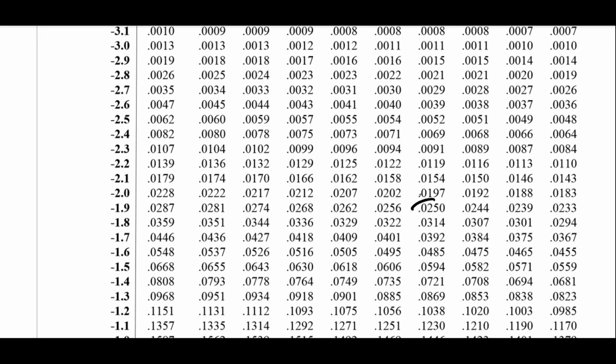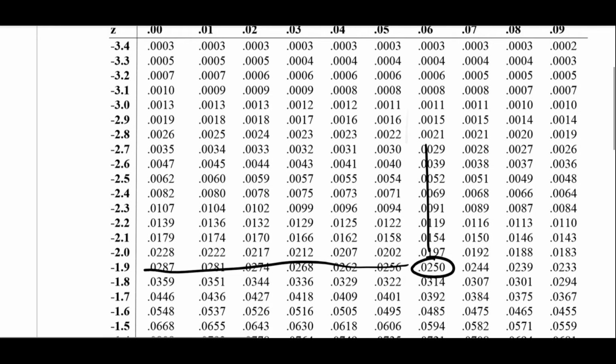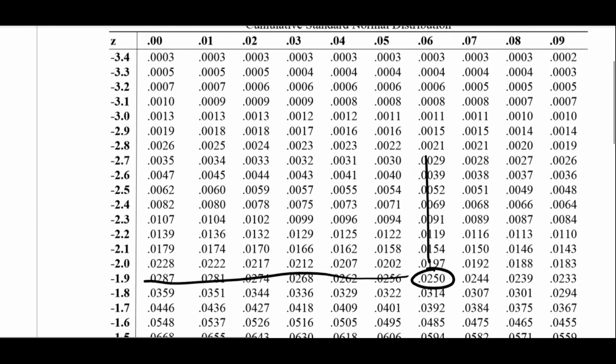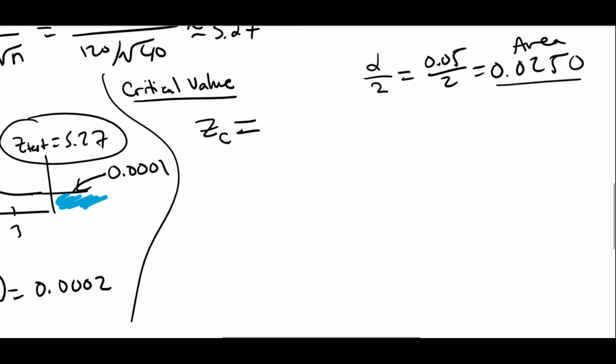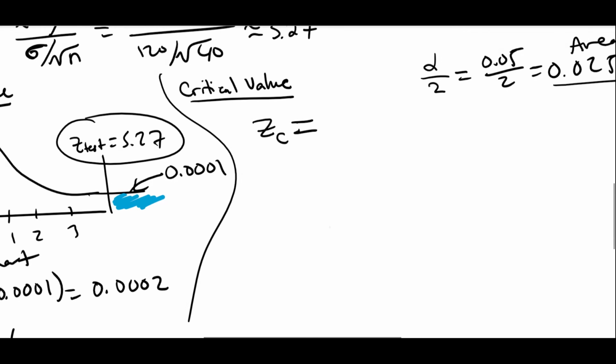In this case, the closest area is that one, which is exactly the same area. So what's my z-score? Well, it's going to be negative 1.96. Okay, so my z-score is negative 1.96. Now, because it's a two-tailed test, that means I have both positive and negative 1.96. I have 2 of them.